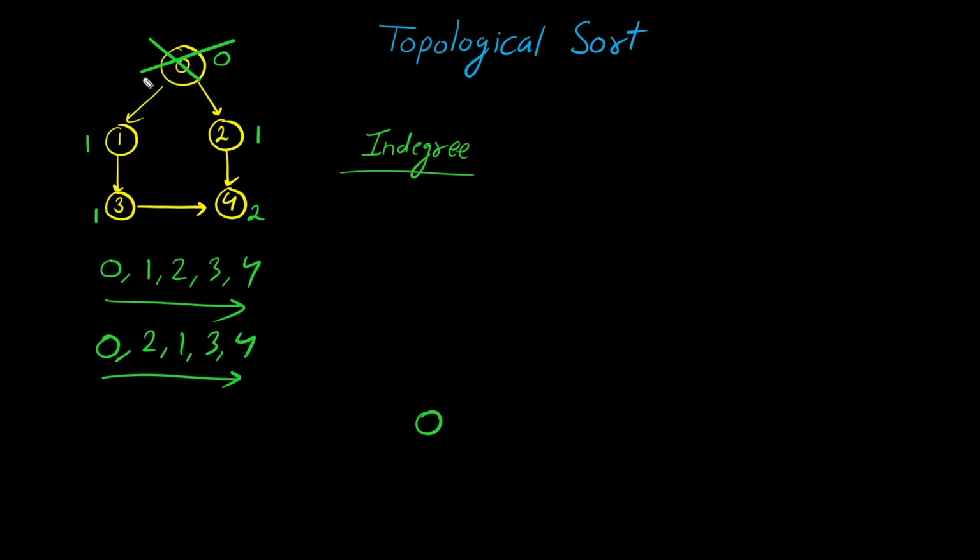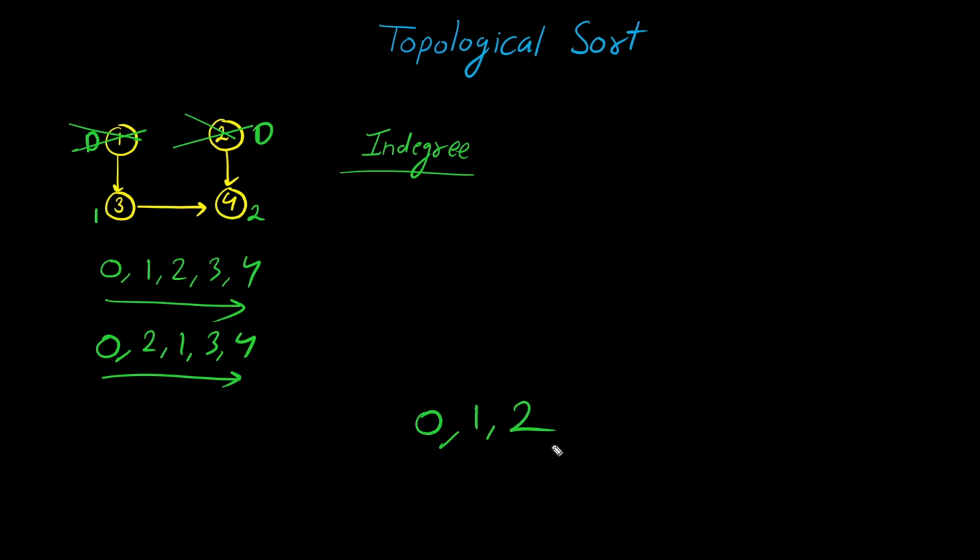When we remove the node, the in-degree of 1 and 2, which are the adjacent nodes of 0, would also change because now this node is gone. So we have something like this. Over here, the in-degree should change from 1 to 0, and over here it should change from 1 to 0. Now we can remove all the nodes with in-degree of 0. So these nodes can be removed.